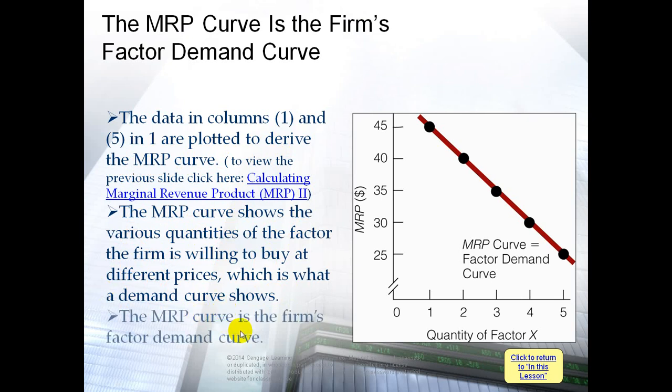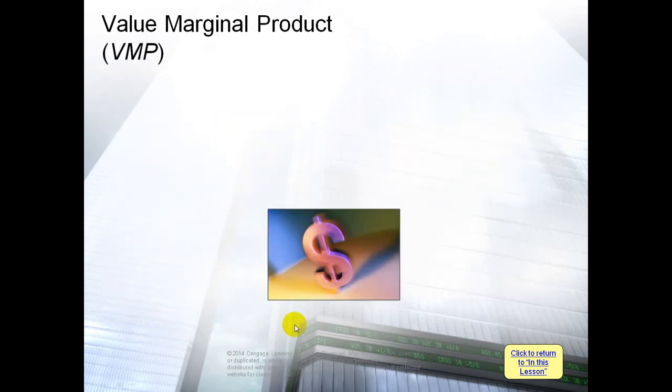The MRP curve is the firm's factor demand curve. Both are downward sloping and both have a negative or opposite relationship between these two variables.